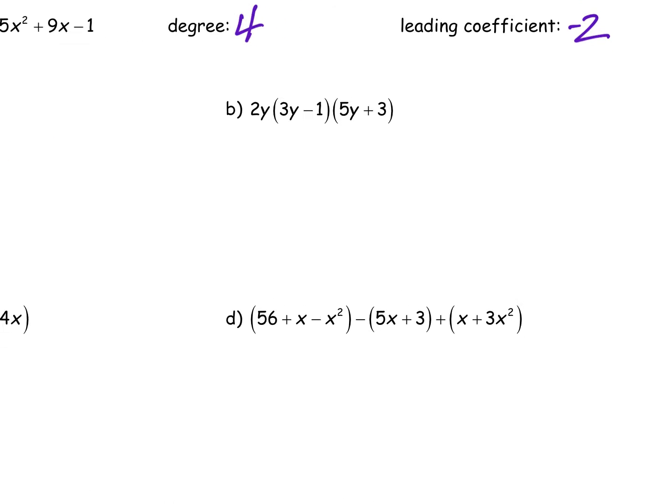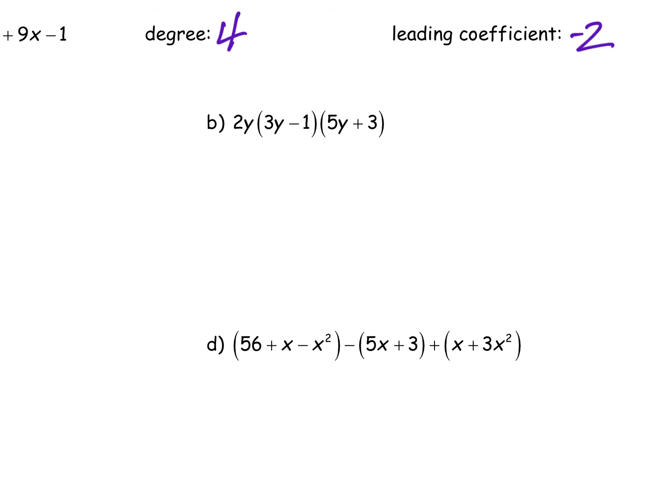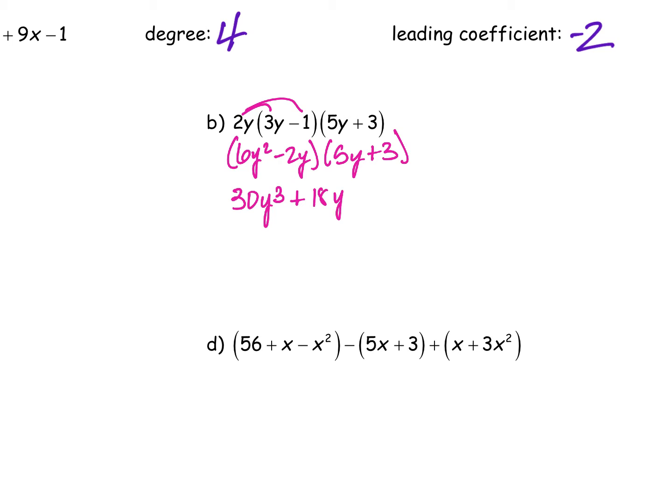All right, B, it looks like we're going to do some multiplication. I'm going to distribute my 2y first. So I've got 6y squared minus 2y times 5y plus 3. And then I'm going to distribute again. So I've got 30y cubed plus 18y squared minus 10y squared minus 6y.